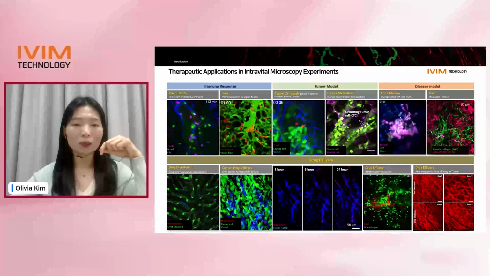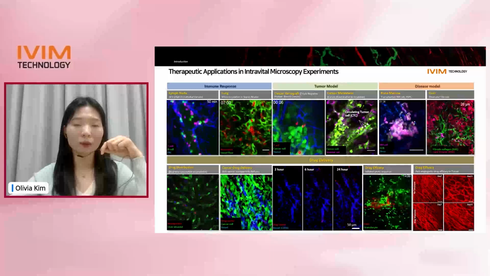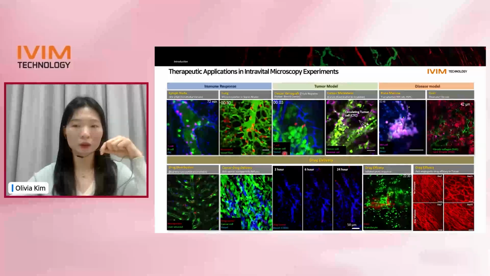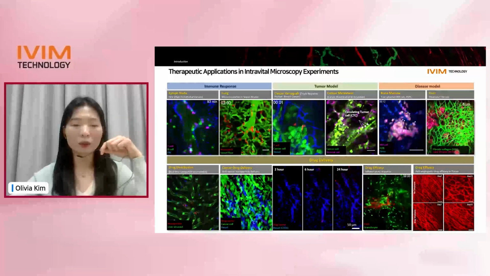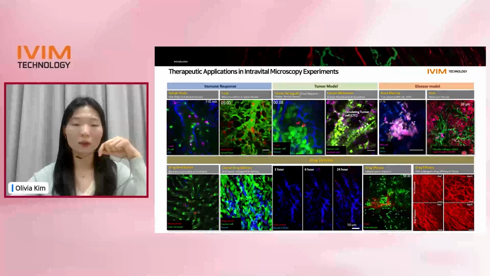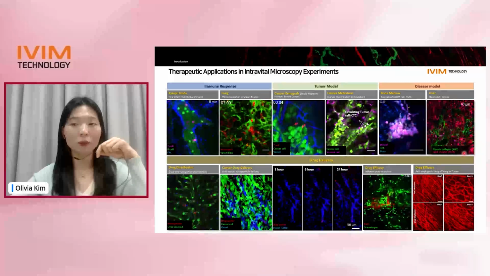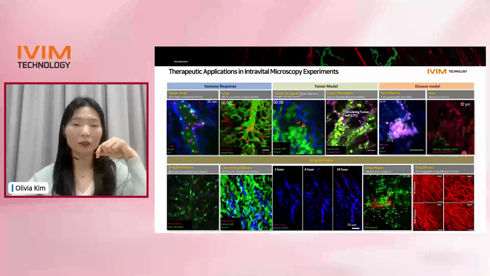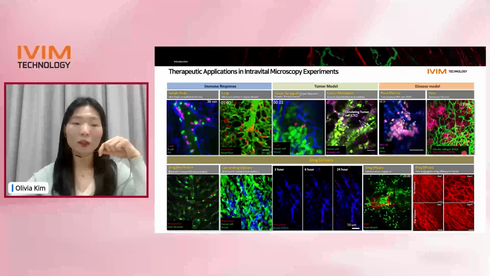For example, we can observe T cells migrating from the vasculature into the tumor tissues, as well as accumulation of collagen-rich fibers in the liver through second harmonic generation without the need for any additional staining or labeling.